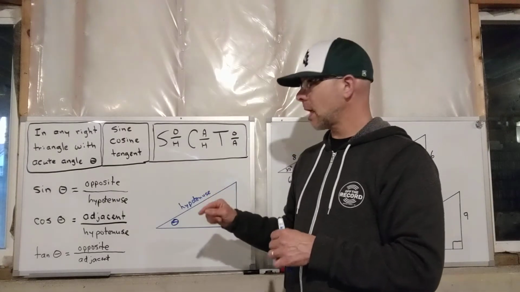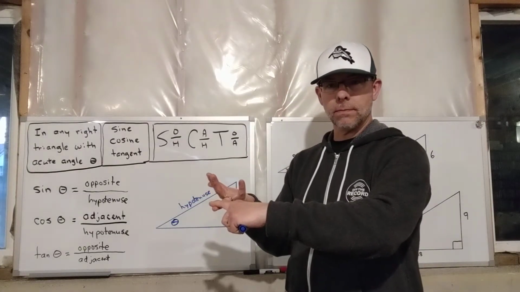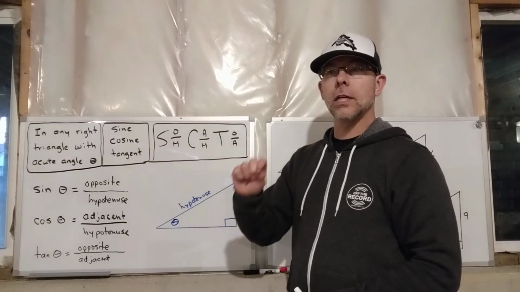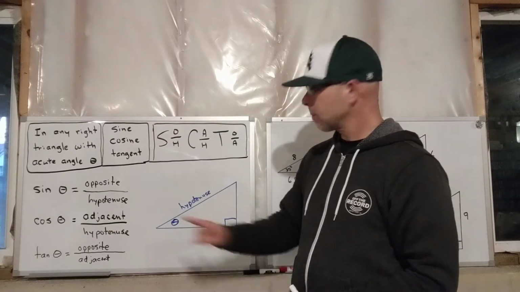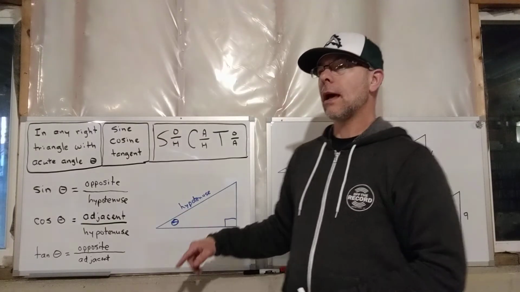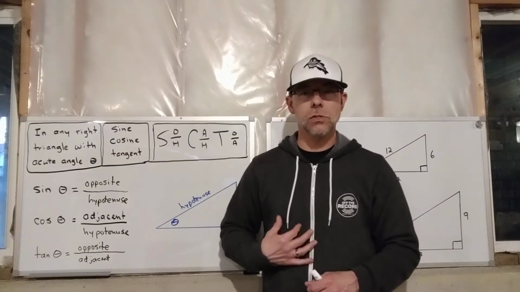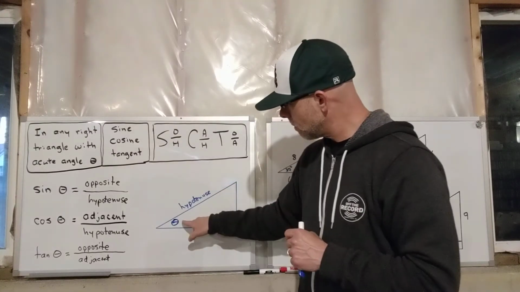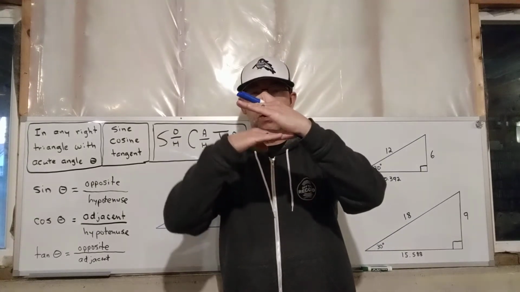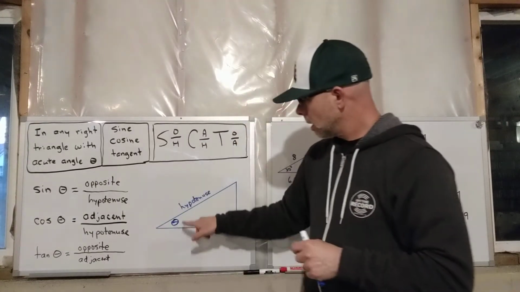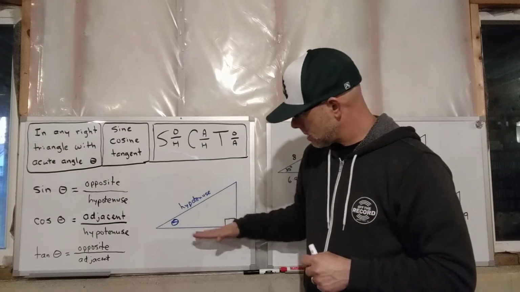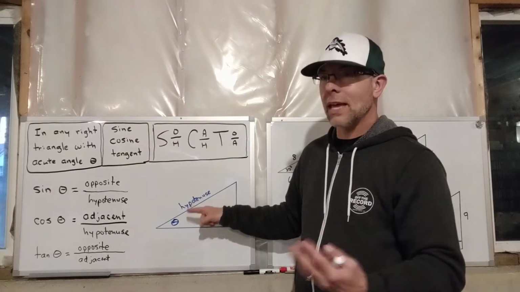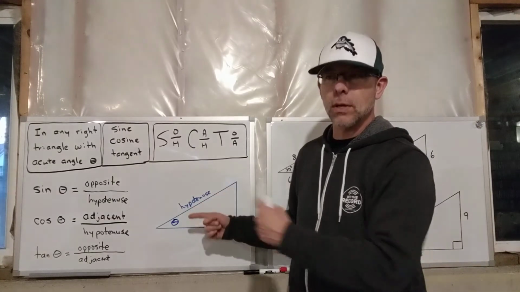Now, the other two labels, opposite and adjacent, they are in reference to wherever I place this theta, meaning what acute angle do I want you to look at right now? I want you to look here. Now, I find I have more success with students if they know what the word adjacent means. Adjacent means next to. If you look at an angle, two sides are next to it. Two sides make it up. Okay? This side and this side and this side. But that side's already labeled hypotenuse, so it can't be called adjacent, even though it is next to.